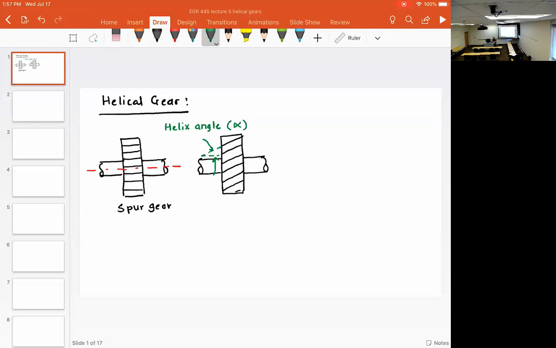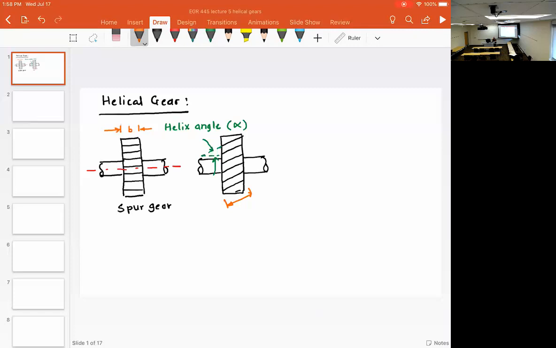The reason is, observe the spur gear face width, the effective face width is this. But for the helical gear, the effective face width is larger for the same footprint.